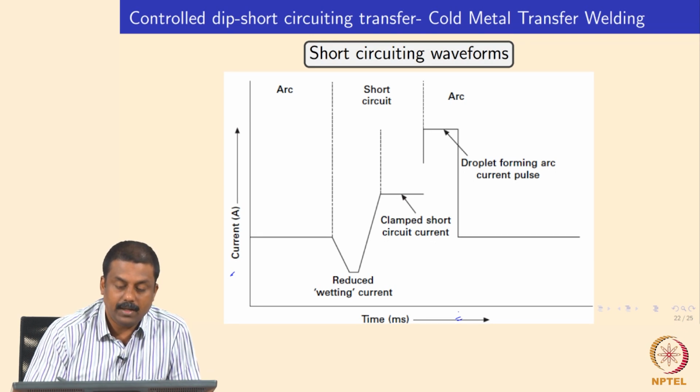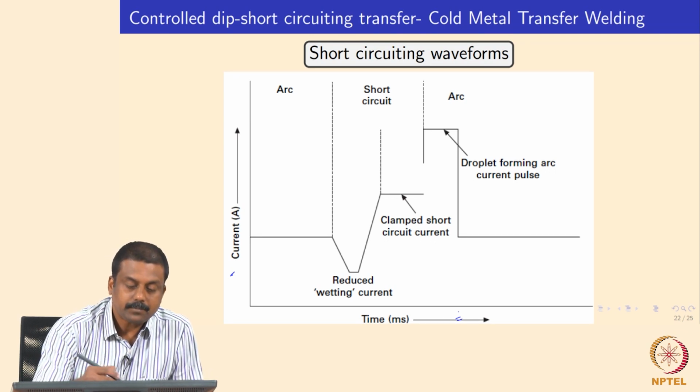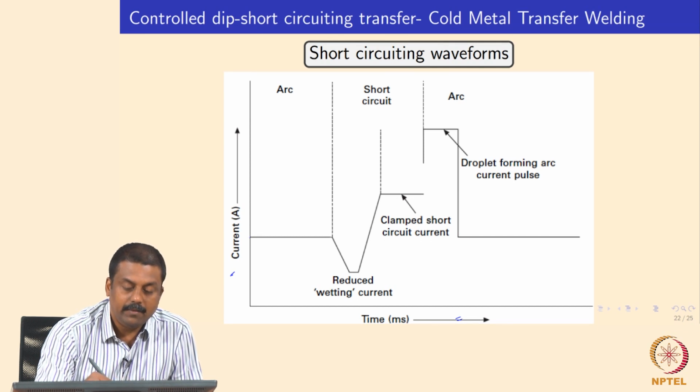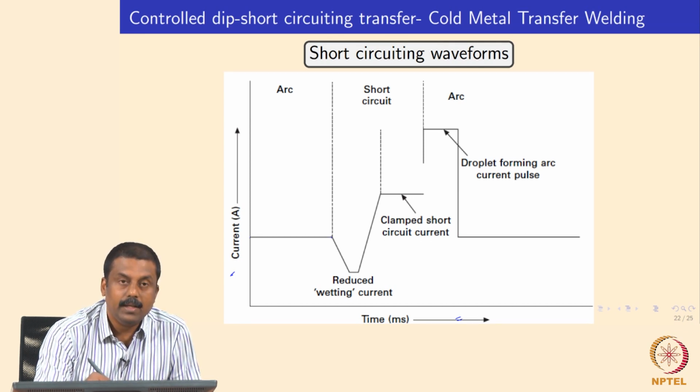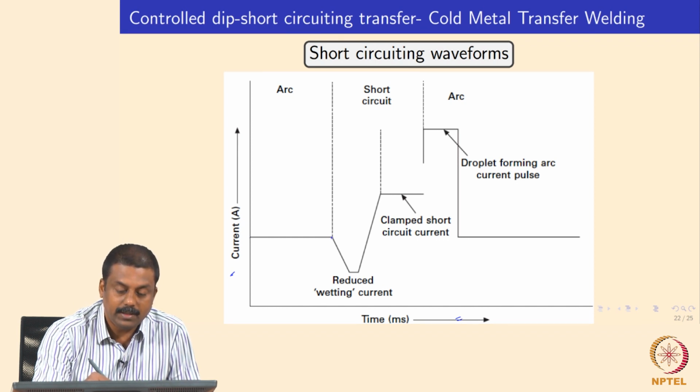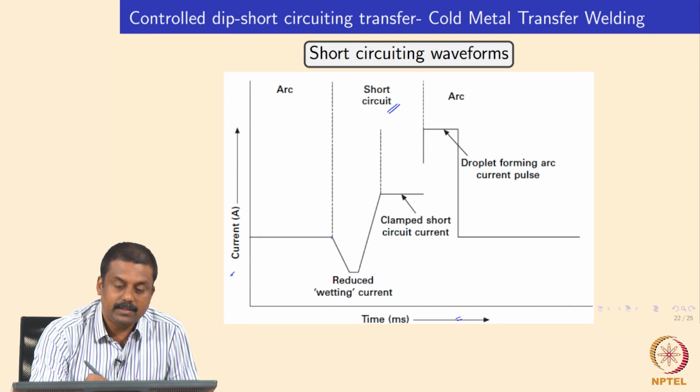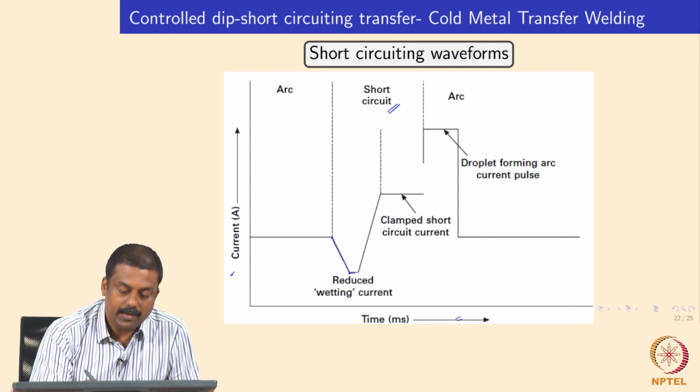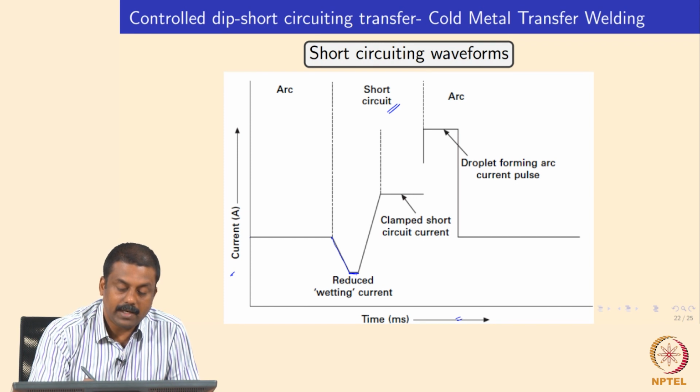For example, in a controlled current short circuiting, we have the arcing current which forms an arc, and the moment the droplet is formed at the tip, the welding electrode is moved towards the workpiece. The moment the short circuit is established, the current reduces significantly and is maintained at a very low level, known as the wetting current, which is used to form a pinch neck on the droplet.